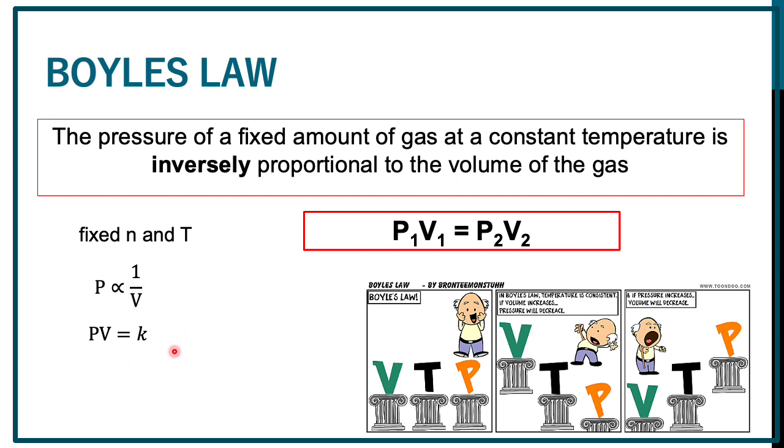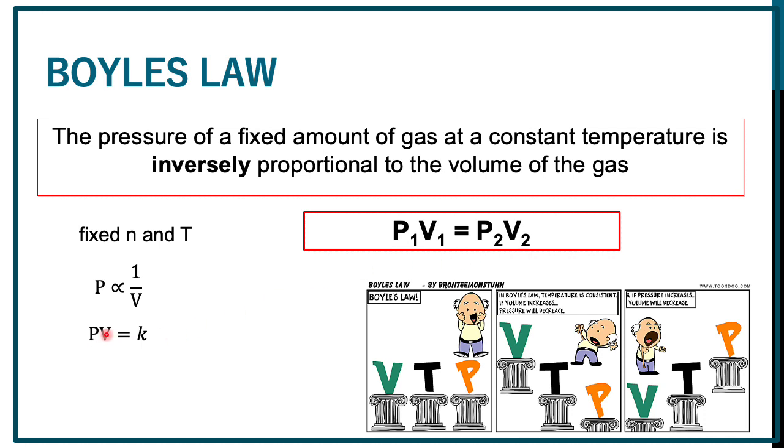So when you write it as an equation, you need to write the volume to the left. So PV equal to K. So when you want to calculate using Boyle's law, the formula is P1V1 equal to P2V2.